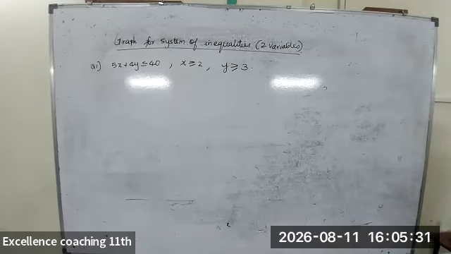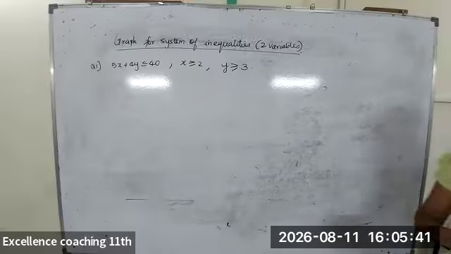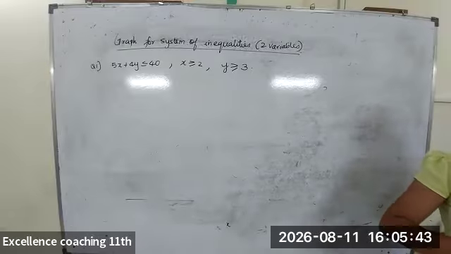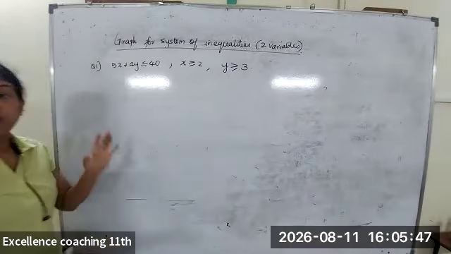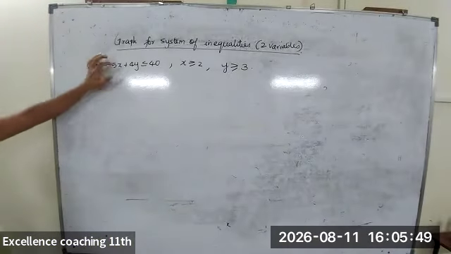Rules, no need to learn by heart. Once you understand how to plot a graph, only if you are forgetting, then it is there for you all to read, just to understand. But no need to learn the rules by heart. So 3 equations are given. First we'll do the calculation part, then we will plot.